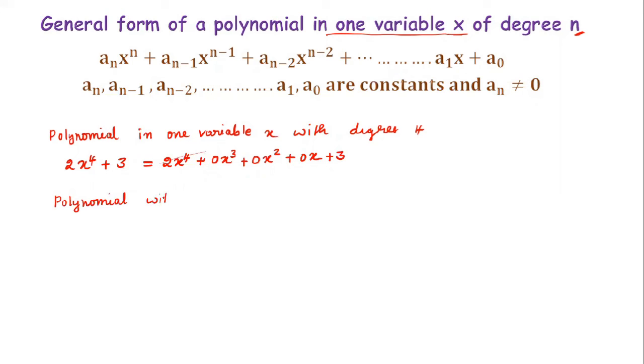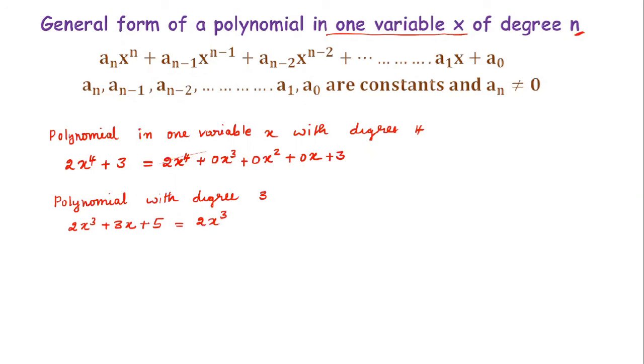This is the general form of a polynomial. Now write a polynomial with degree 3. A polynomial with degree 3 should have a term with the power of the variable 3. Now 2x cube plus 3x plus 5.